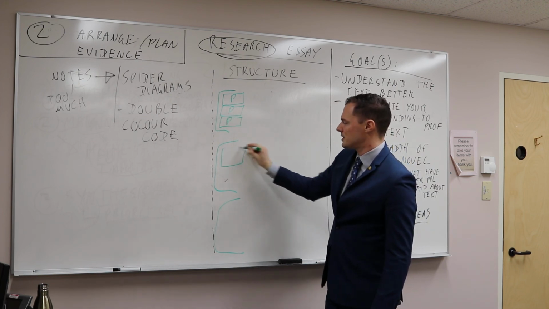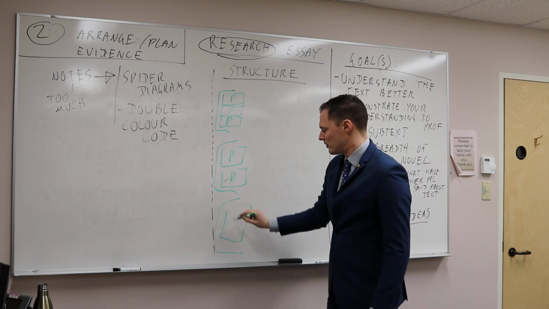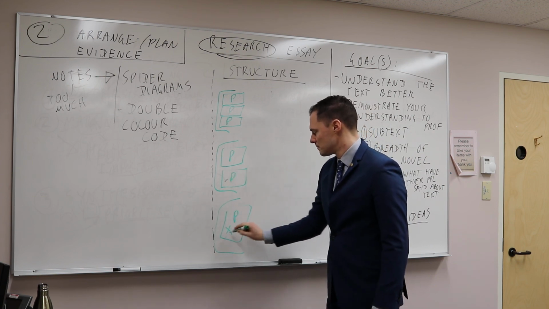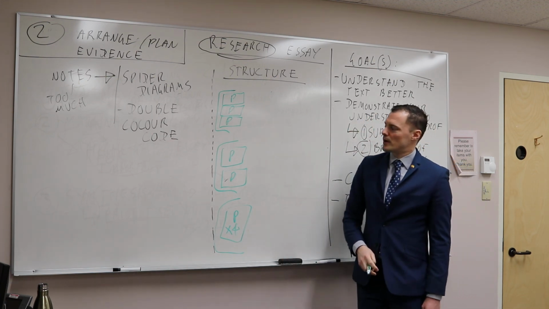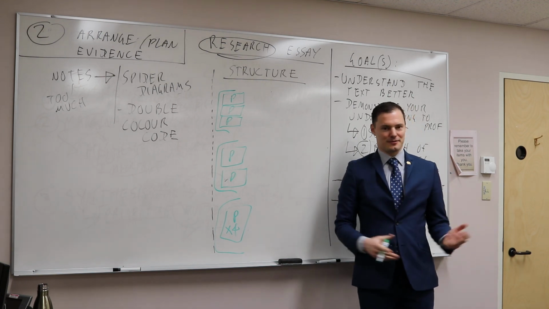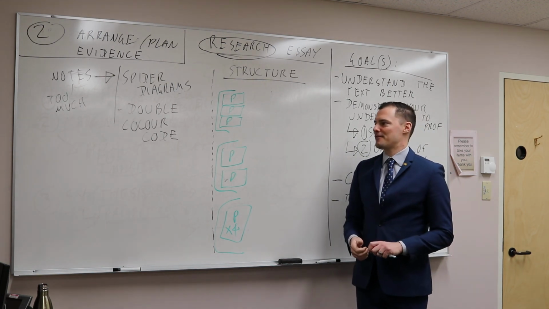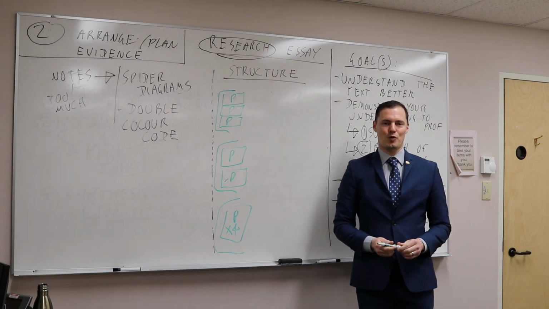You might have 2 paragraphs in a section, or you might have 4 paragraphs in a section. Whatever, it's kind of up to you. But the crucial part is that in a short essay, like 5 pages, you'll probably have a maximum of 4 body paragraphs, which means you've got 4 major claims.